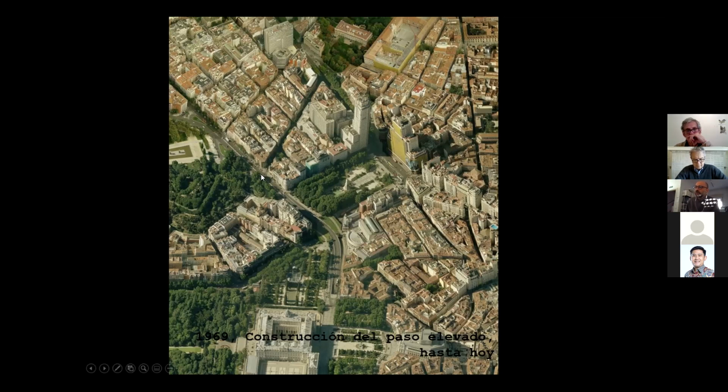And we don't let the cars who are passing by come to the surface. They have to pass by. The other main decision is that all the pedestrians can walk, connect.